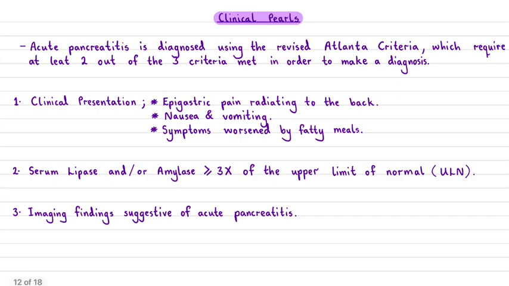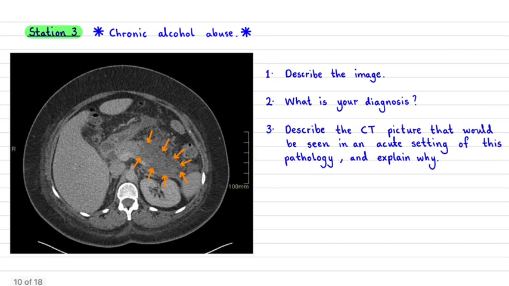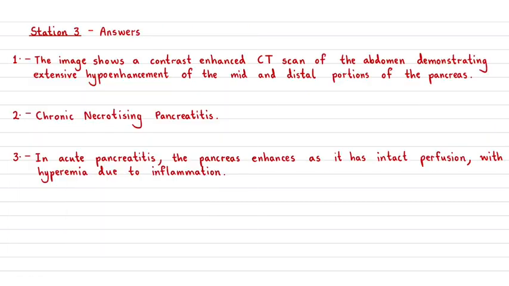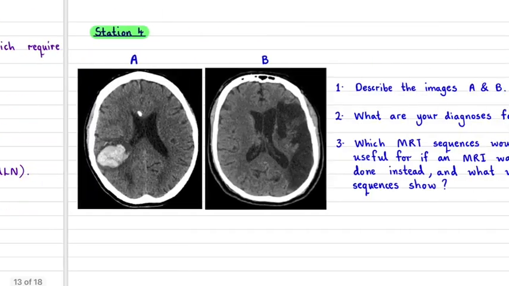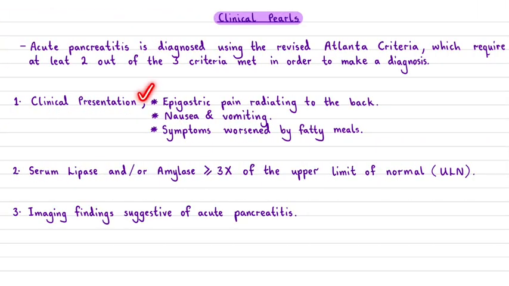We only do that if the presentation is atypical, or maybe if you have the classic presentation, but then the enzymes are not adding up, which is why this particular example showed us chronic necrotizing pancreatitis, because normally for acute pancreatitis, we are able to make the diagnosis with just these 2 criteria.